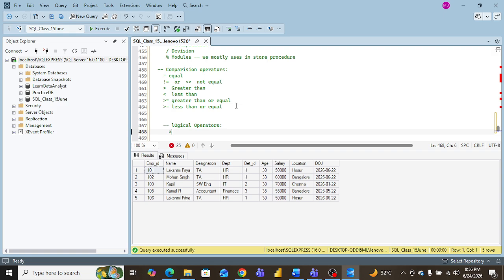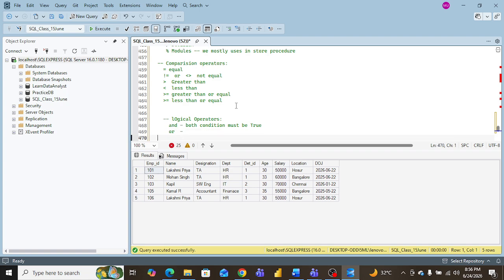This is AND, and with AND both conditions must be true. We always have to use TRUE in capitals. Please tell me what you understand.